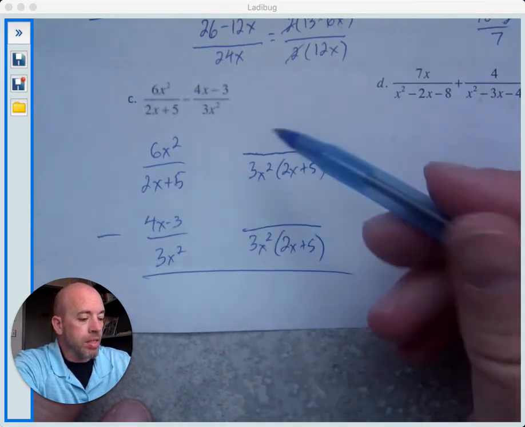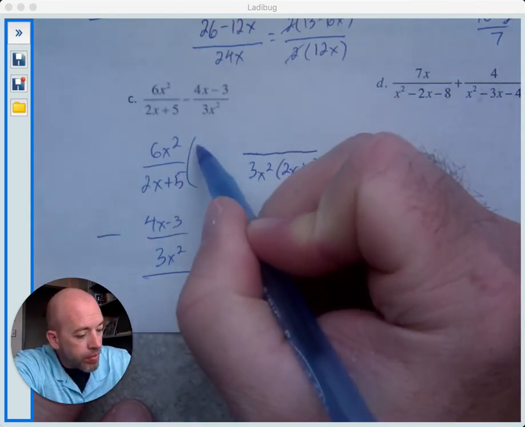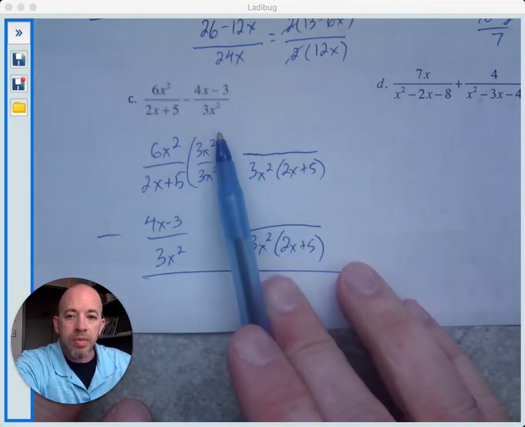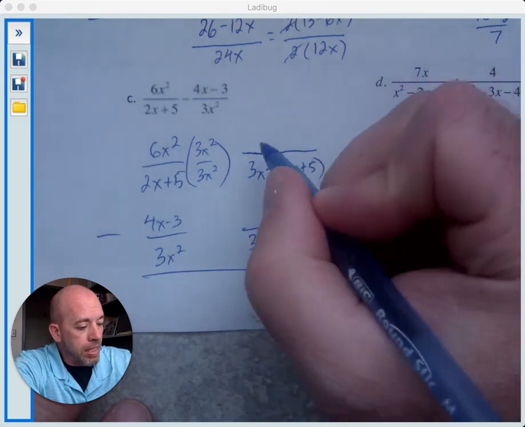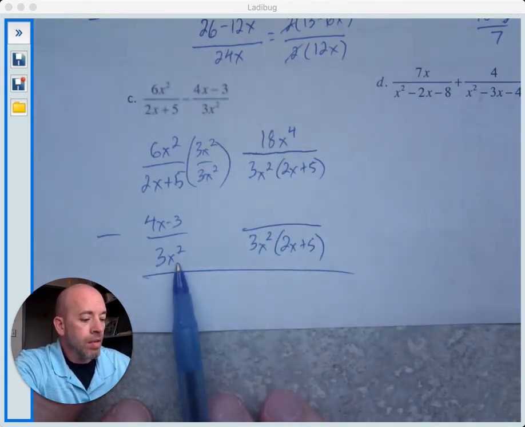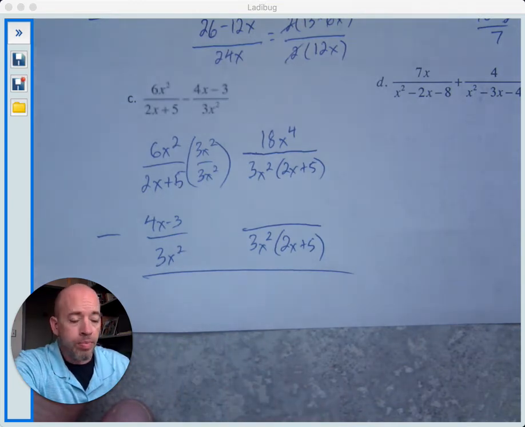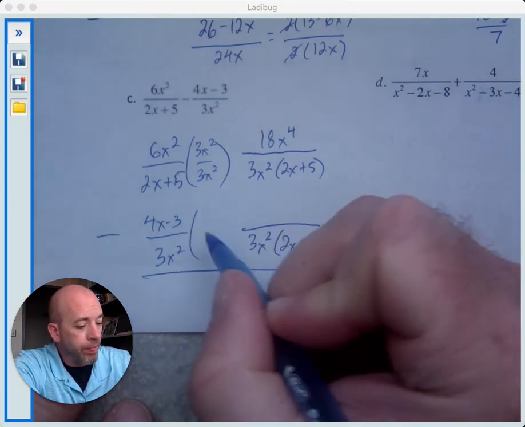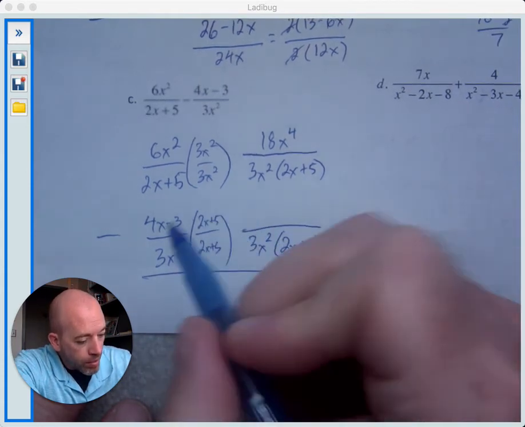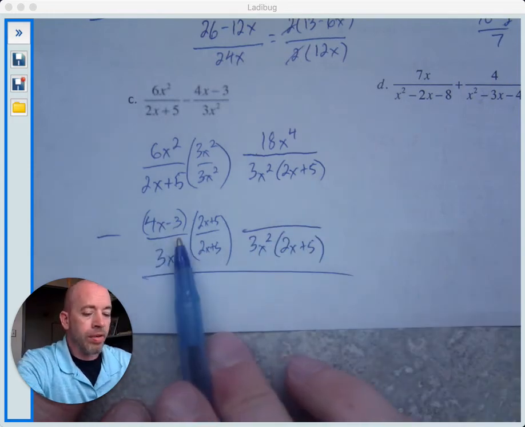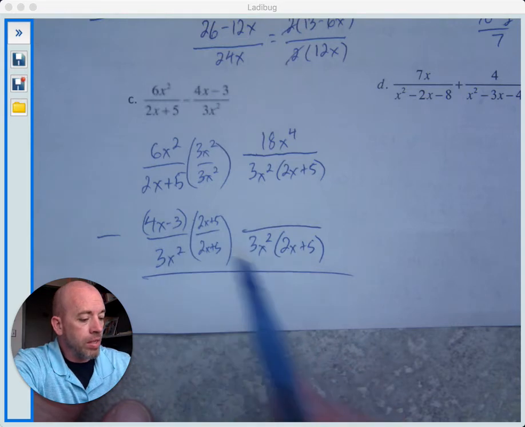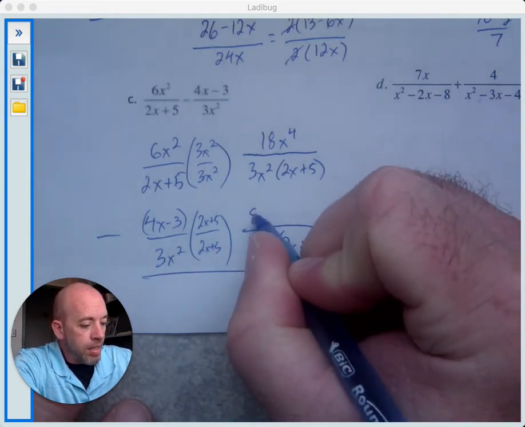Alright, so in order to get that denominator, we need to multiply this by 3x squared on both top and bottom. So if we take 3x squared times 6x squared, that's 18x to the 4th. Here we need to multiply both top and bottom by 2x plus 5, right? And again, this is a grouping symbol, fraction bar is, so really we need to FOIL this on the top. 4x times 2x is 8x squared.